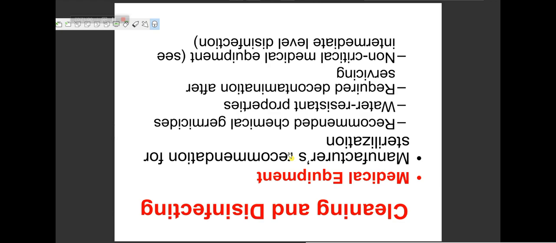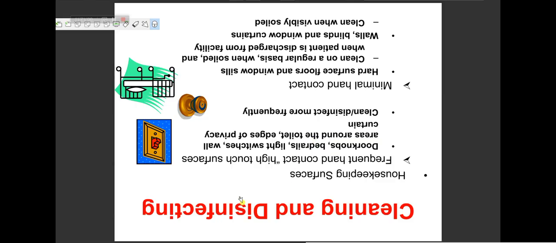And there will be non-critical medical equipment, so intermediate level disinfection will be shown. We should always clean our medical equipment before using it, and clean and disinfect.